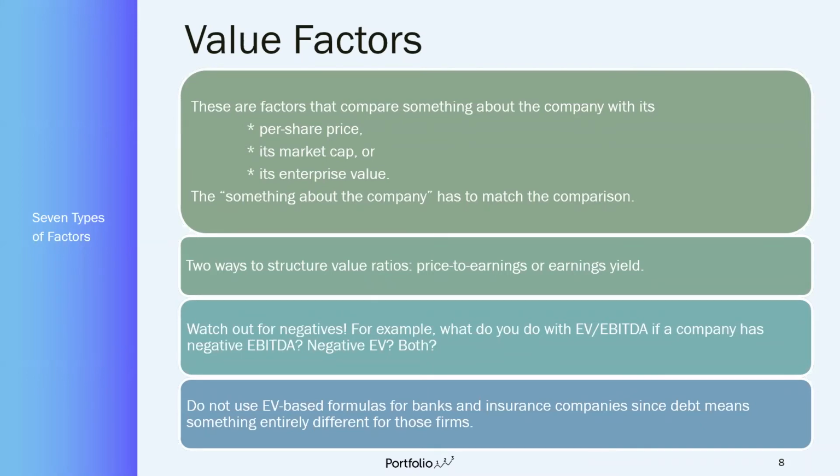So operating income to market cap is not an acceptable value ratio. And net income to enterprise value is also not an acceptable value ratio because enterprise value takes care of the debt of the company, but net income deducts the interest expense. You want to add back the interest expense if you're going to compare it to enterprise value.